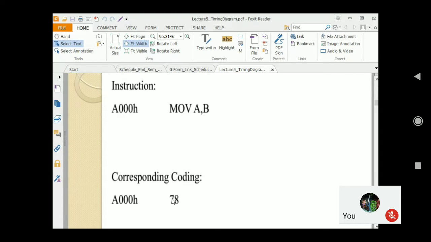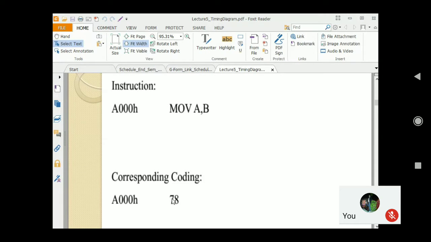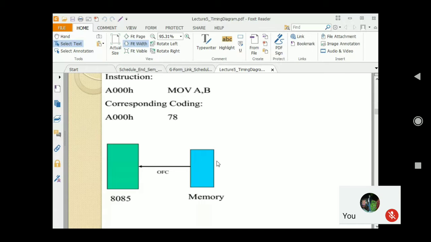So the instruction register is important. This process of loading the opcode into the instruction register is nothing but my opcode fetch cycle.